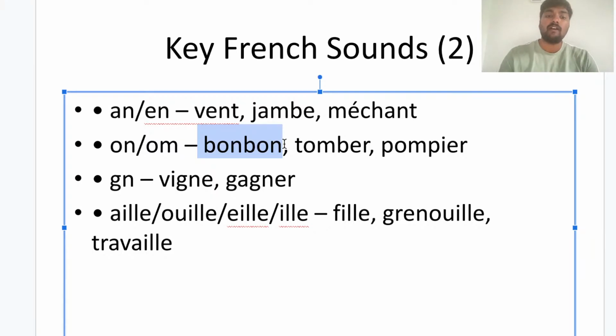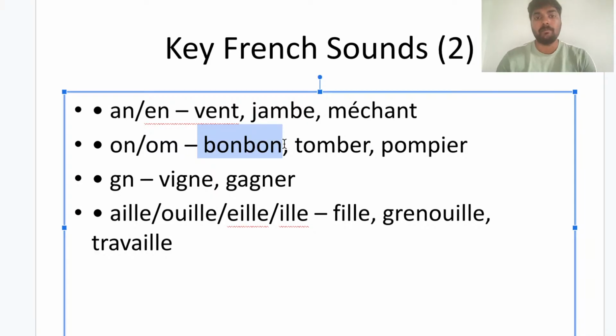Basically guys, what you have to do is, while learning, try to put an article in front of the word so that you can remember its gender. Okay, tomber. Next, tomber, which means to fall. Next, pompier, le pompier. Pompier means fireman or firefighter.